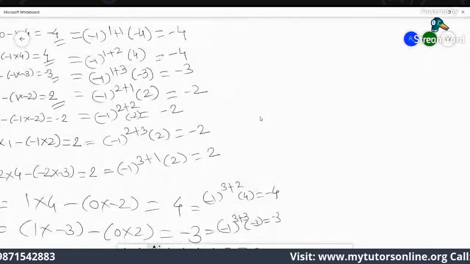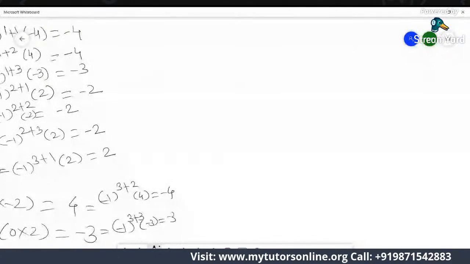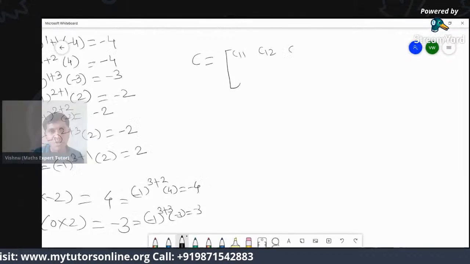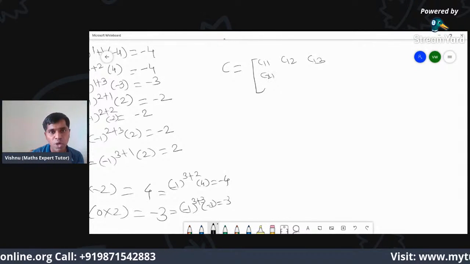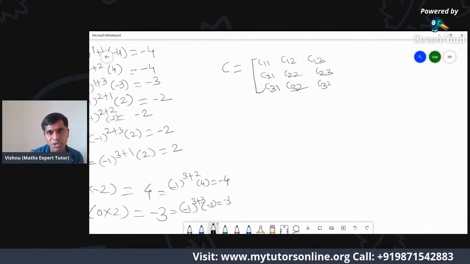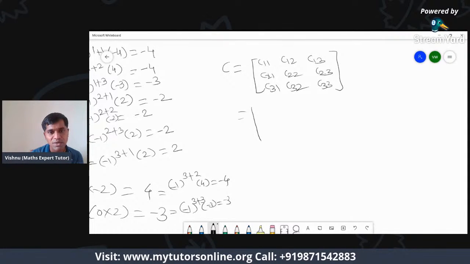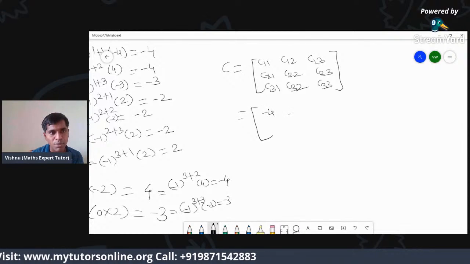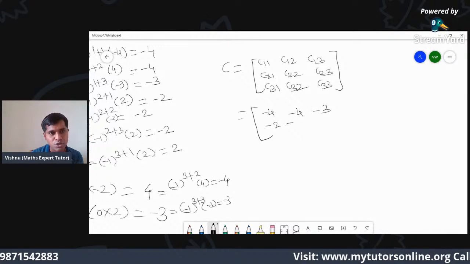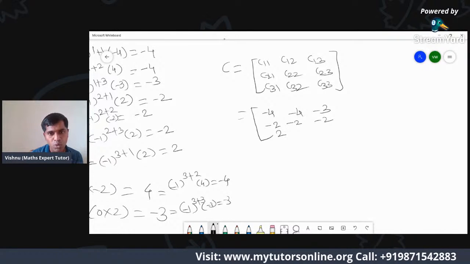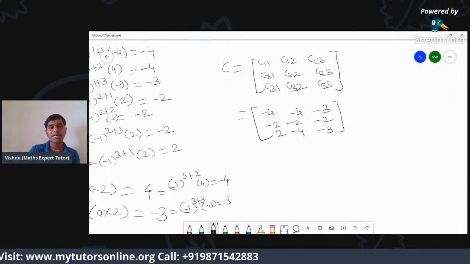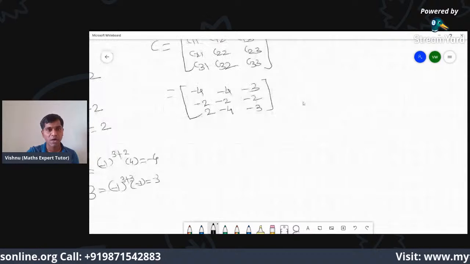Whatever you see on the right side are all cofactors indicated by C, that is C11, C12, C13, C21, C22, C23, C31, C32, and C33. And we can write this as minus 4, minus 4, minus 3, minus 2, minus 2, minus 2, 2, minus 4, minus 3. That is how we have got the cofactors.